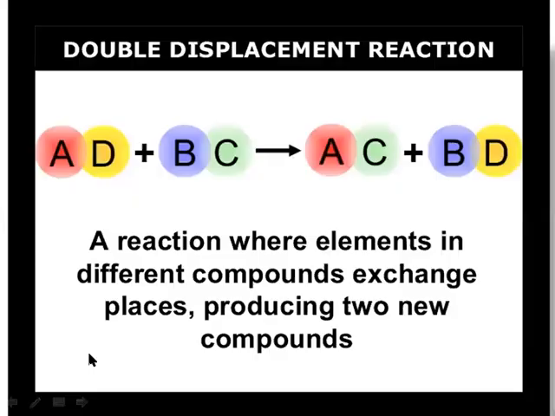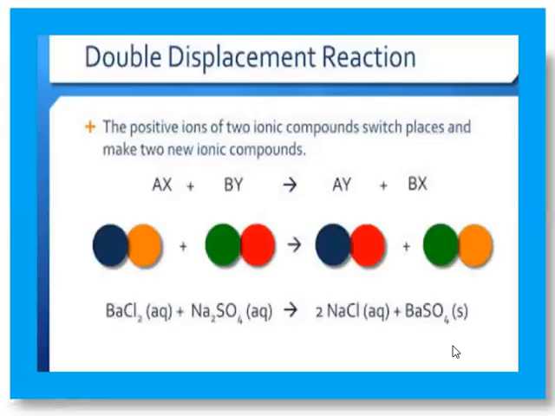Double displacement reactions are the reactions where elements in different compounds exchange places, producing two new compounds simultaneously. The positive ions of two ionic compounds switch places and make two new ionic compounds.